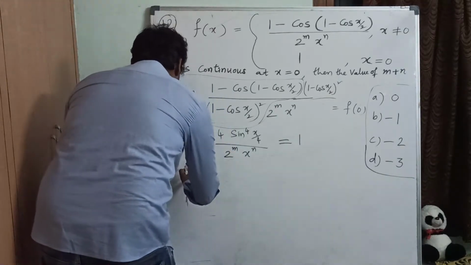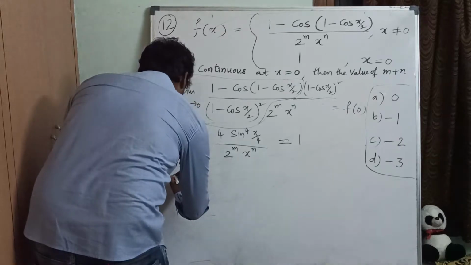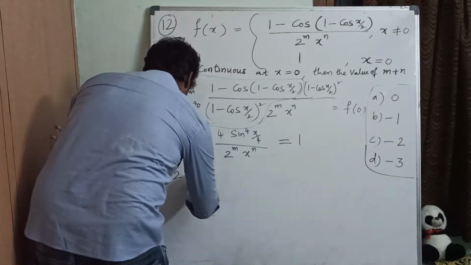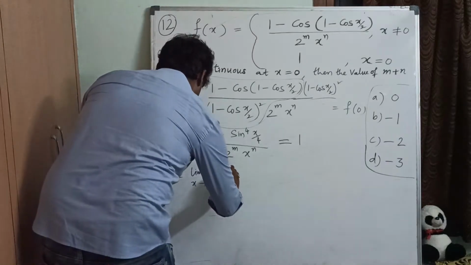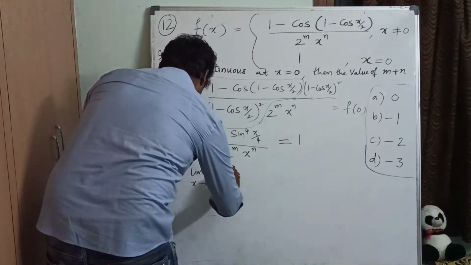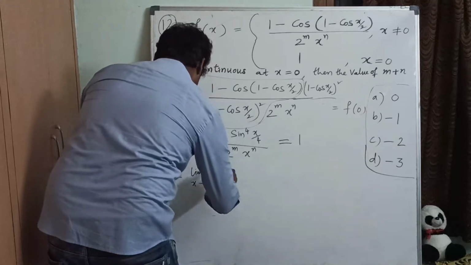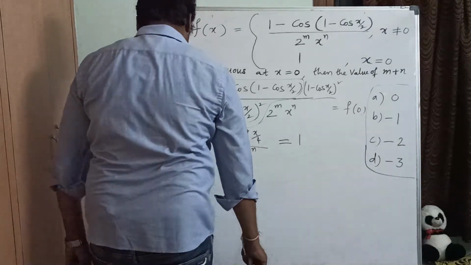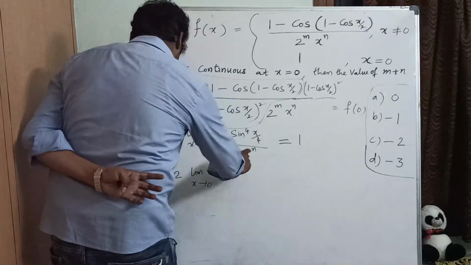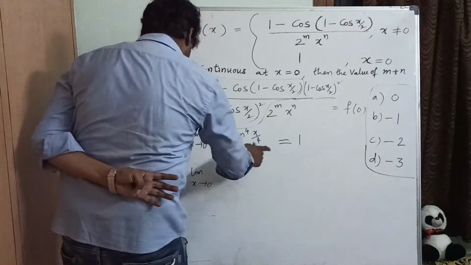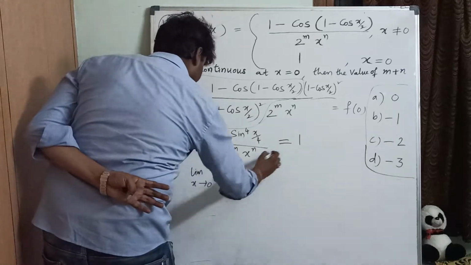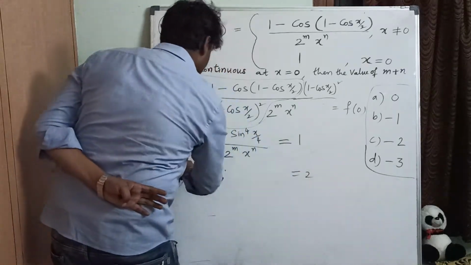That means this will become 2 times the limit as x tends to 0 of 4 sin⁴(x/4)... that is, 2 is 1/2, so 4 sin⁴ with x⁴ by 2 power m, x power n. So this equals 2, this 2 goes there.